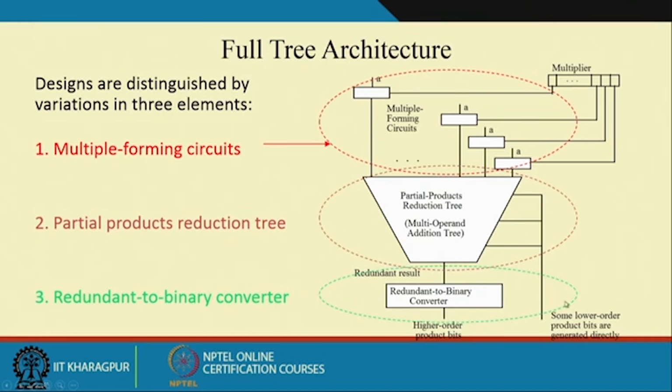This is the major research area, or focus area, where people have tried so many ways to reduce the tree in such a way that the multiplier becomes high performance.